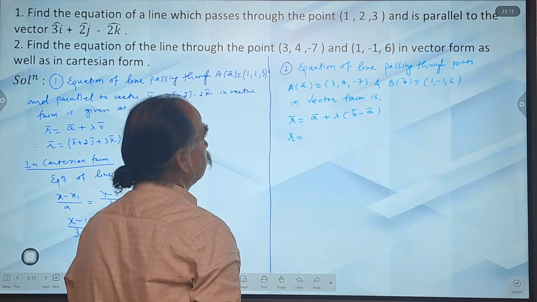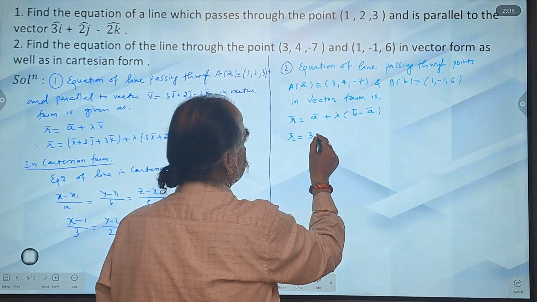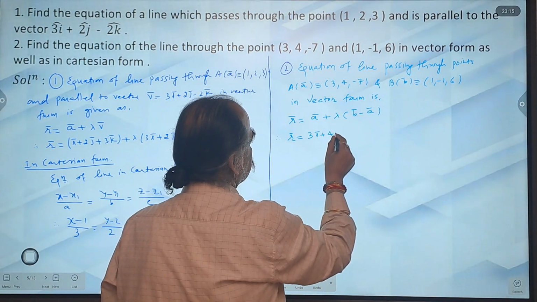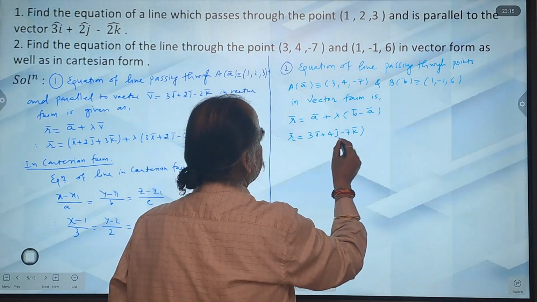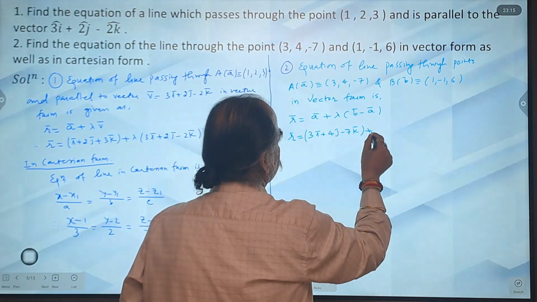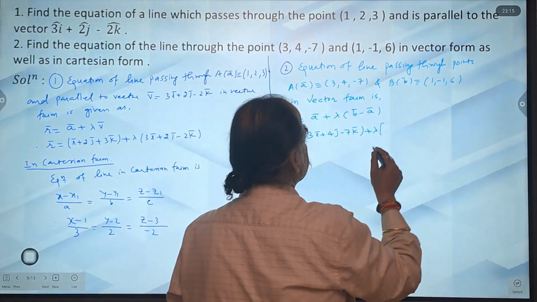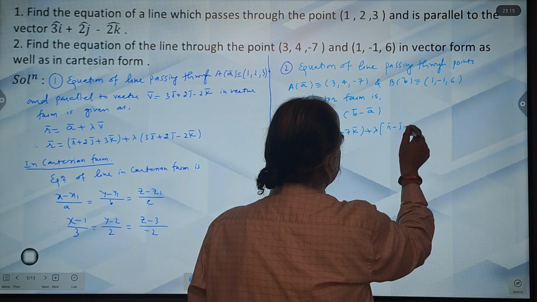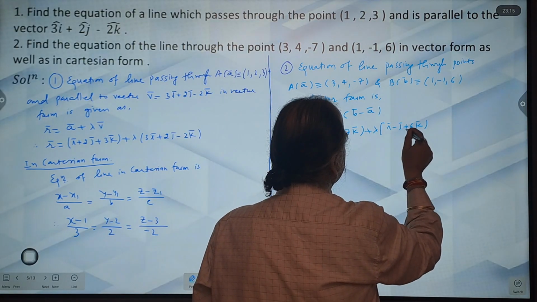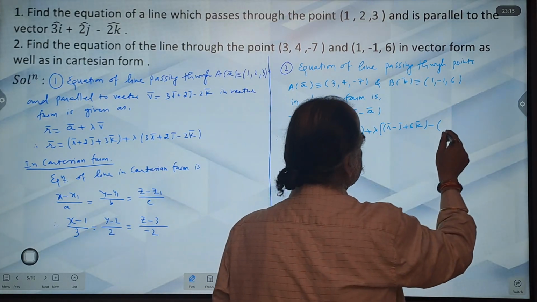R bar is equal to A bar, which is 3i plus 4j minus 7k, plus lambda into B bar, which is i minus j plus 6k, minus 3i plus 4j minus 7k.